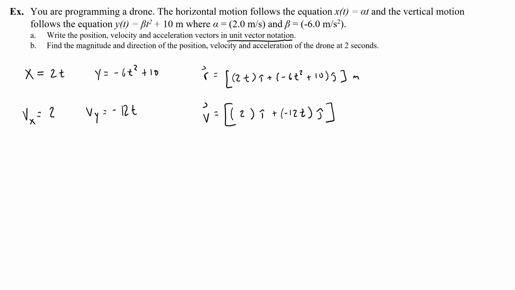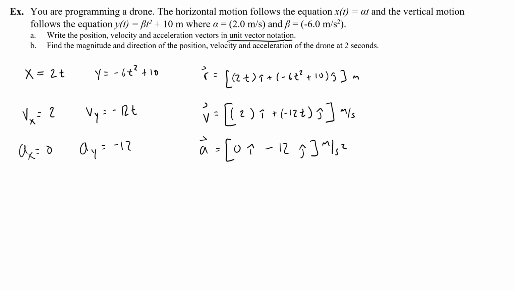Close the whole thing in parentheses. And then the acceleration, ax would be 0, ay would be negative 12. So I could write 0i, or just ignore it, and minus 12j meters per second squared for the acceleration vector. Okay, great. So that's the answer to part A.